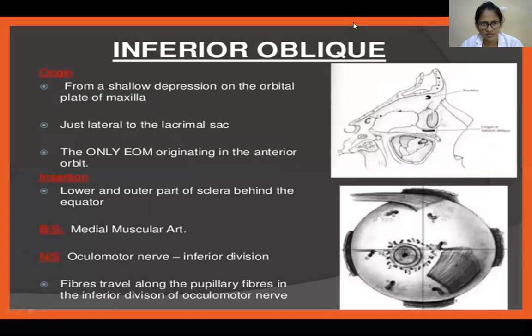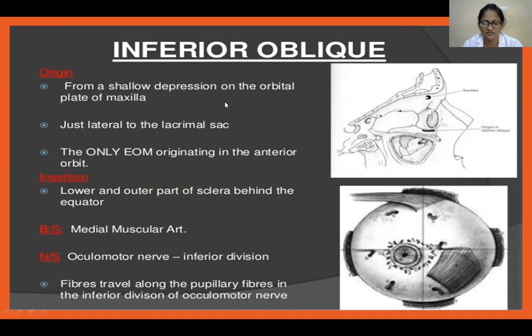Okay, next coming to the inferior oblique muscle. This inferior oblique muscle takes origin from the orbital surface of the maxilla, just in the floor of the orbit.